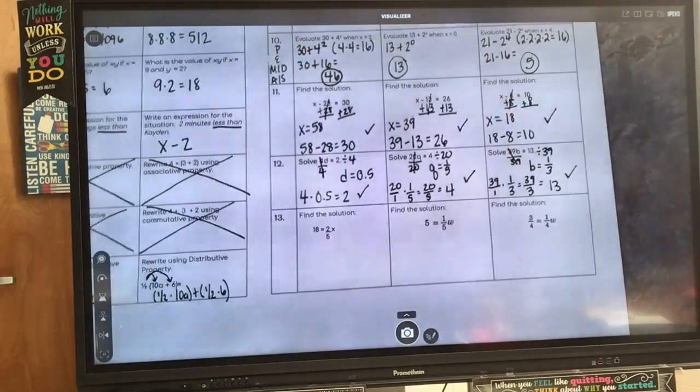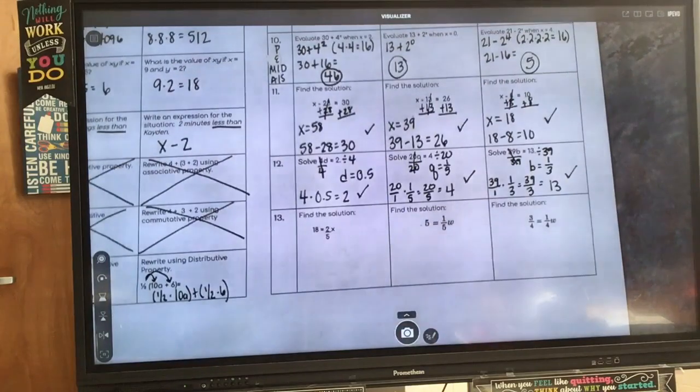Stand up when you have them finished, and you've shown all your work, and you check to make sure your answer is correct.